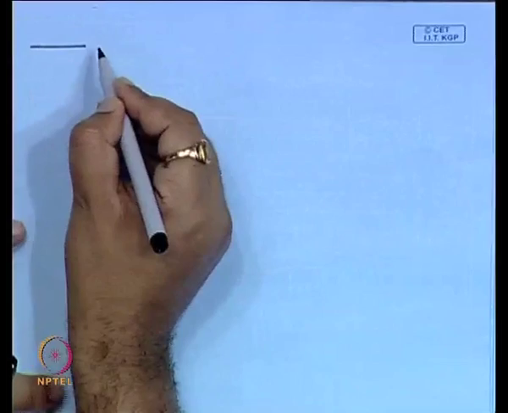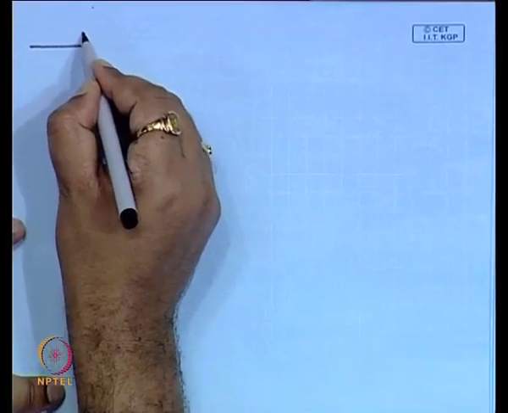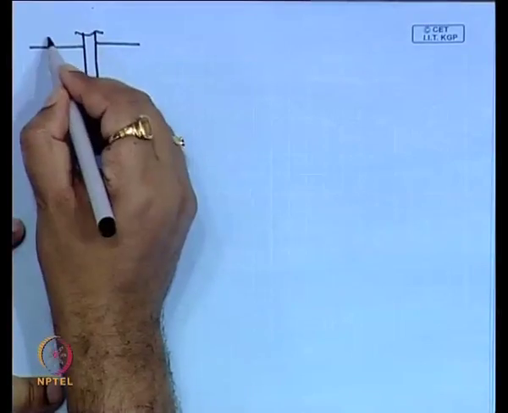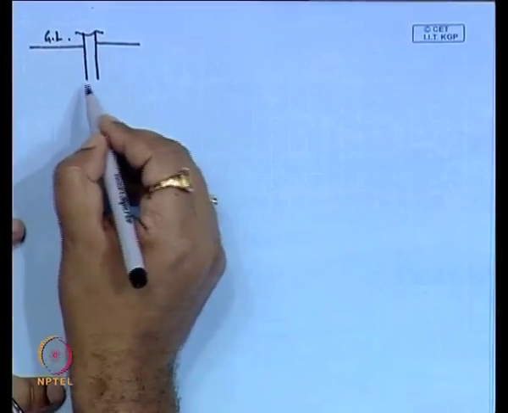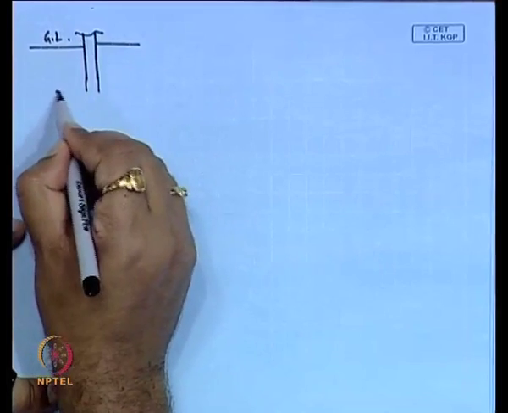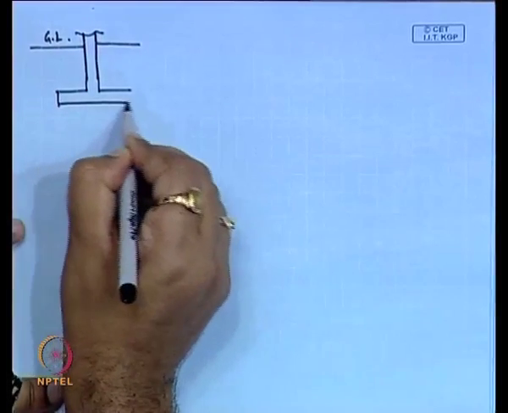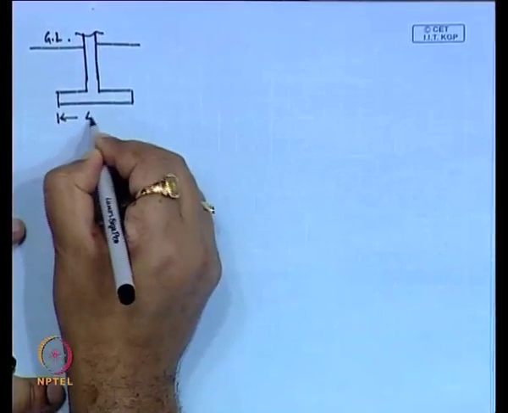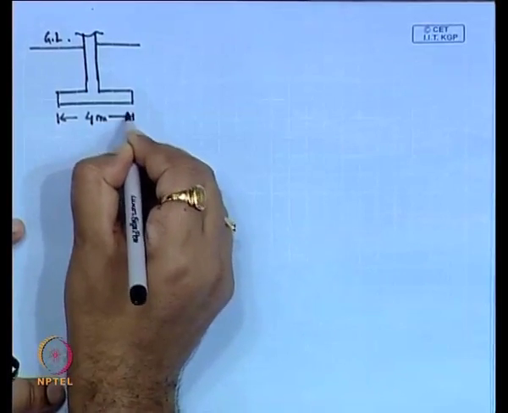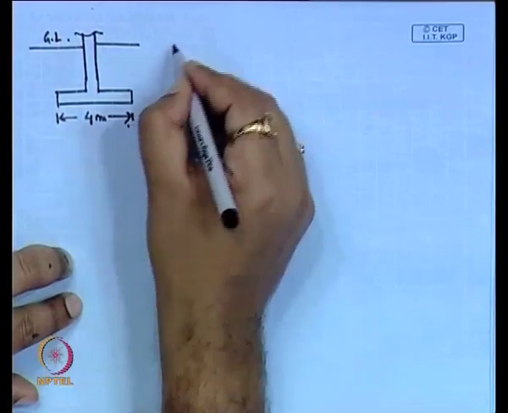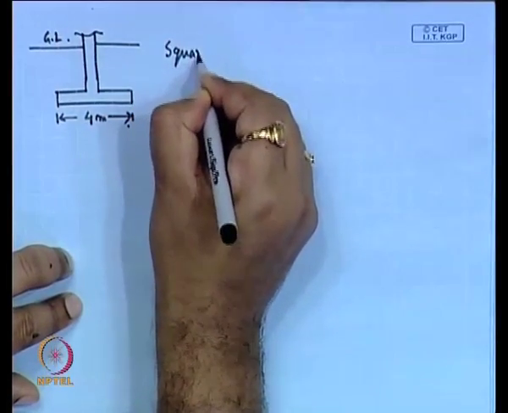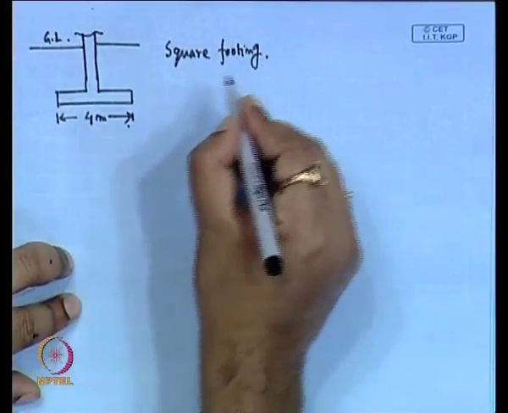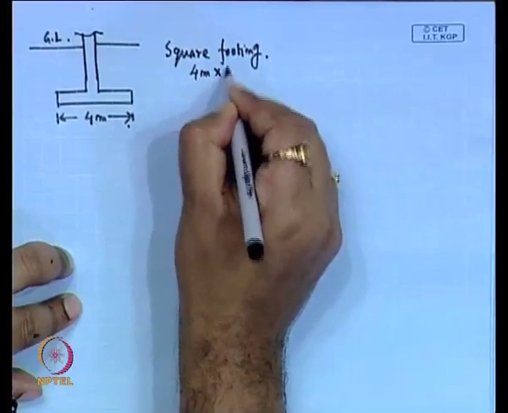Suppose this is the foundation, this is the ground line. The foundation is a square footing whose dimension is 4 meter cross 4 meter.